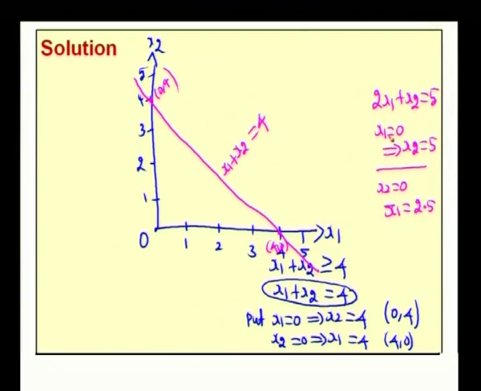Therefore, the coordinates are 0, 5 and 2.5, 0. By joining the points 2.5, 0 and 0, 5, we get the line 2x1 plus x2 equal to 5. So, this is our point 2.5, 0 and this is the point 0, 5.